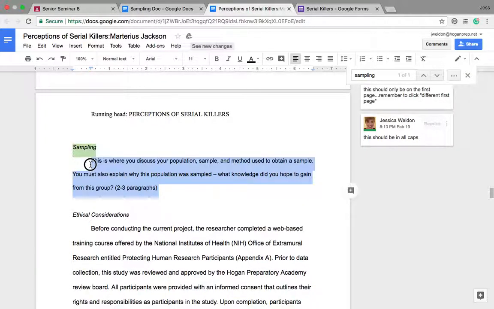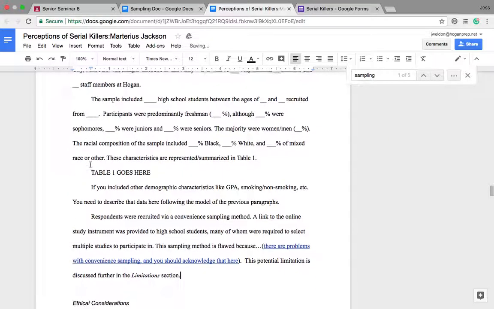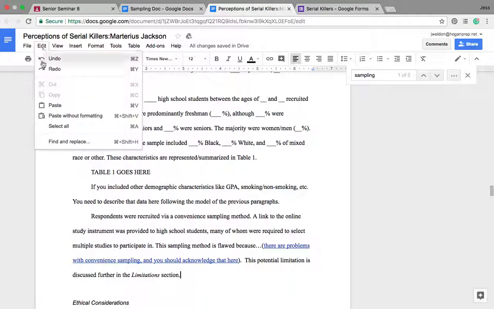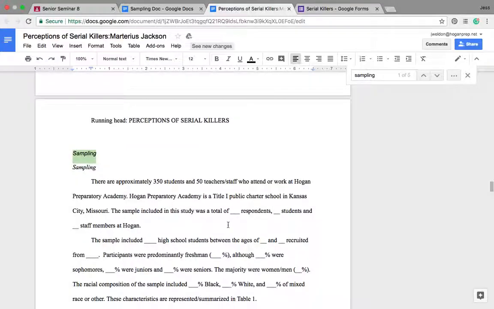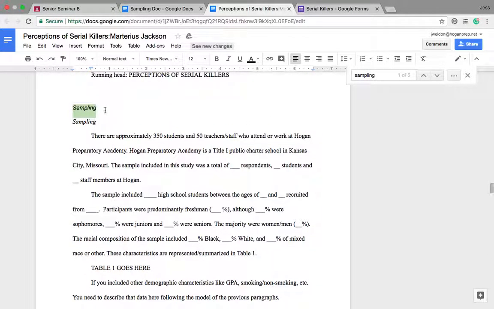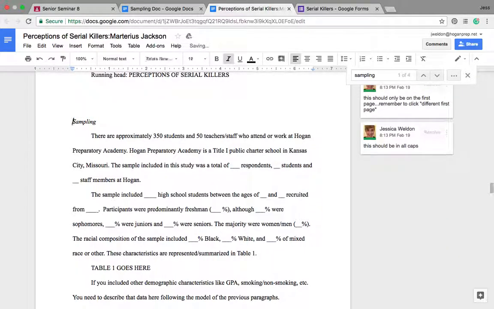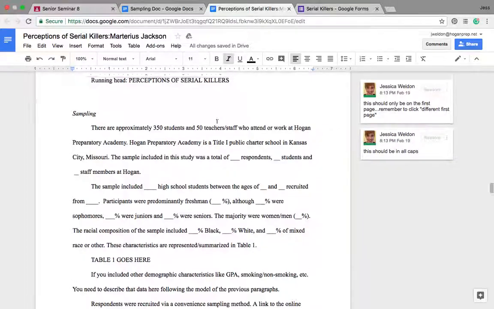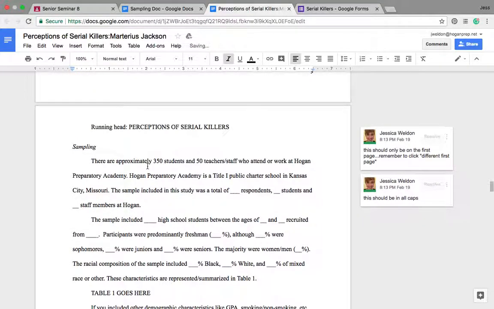I'm using Control V to do that, but you can also go up into the edit menu and do paste. Okay, so now you have the sampling section in there. You don't need to have sampling in here twice, so you can delete that second one. You don't need the Control F search anymore, so you can just close that out.